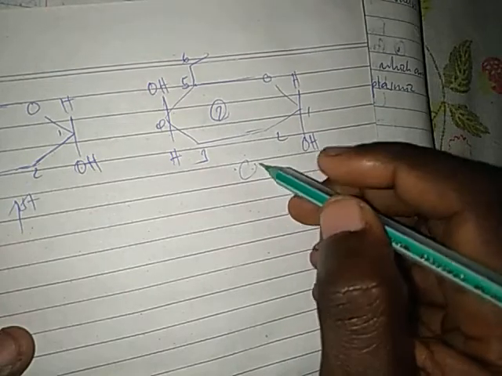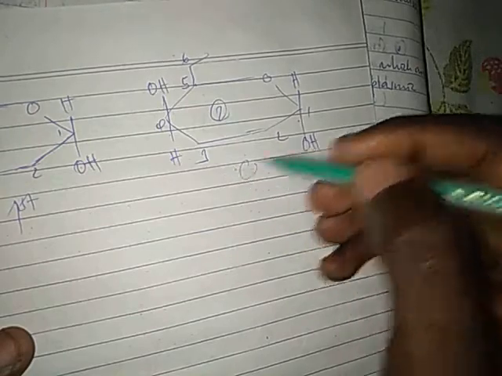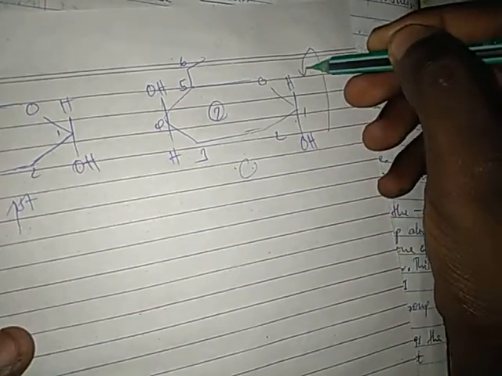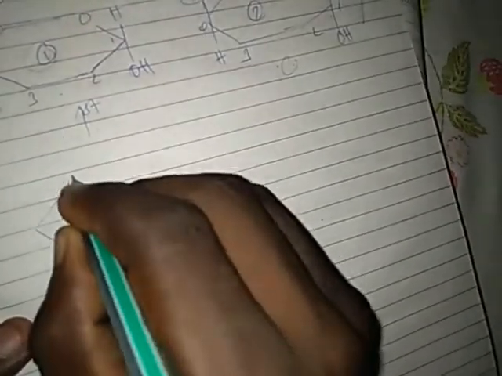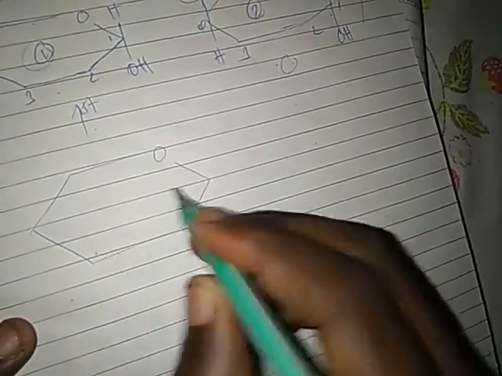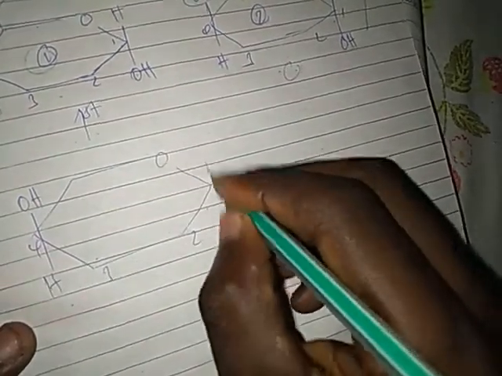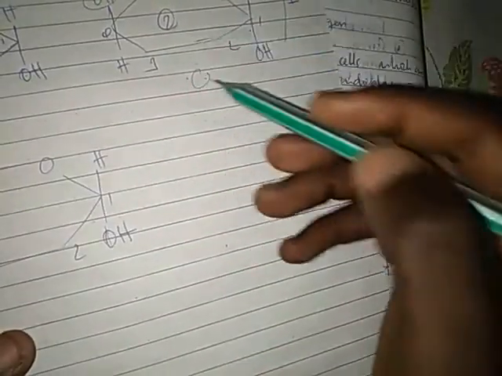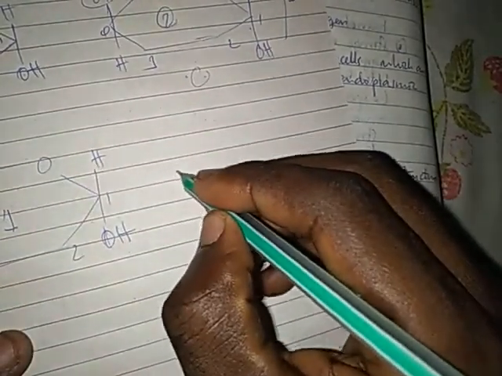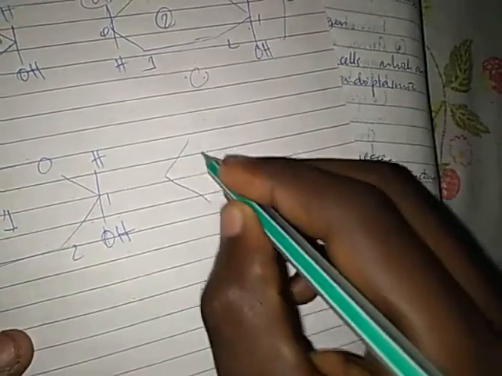So what will happen here is that this molecule should rotate 180 degrees, so that this hydroxyl group projects below. The resulting molecule will appear like this: the first, the second, the third, the fourth, and here is hydroxyl, hydrogen, then hydroxyl, hydrogen. After rotation of this second molecule, the molecule will appear like this.